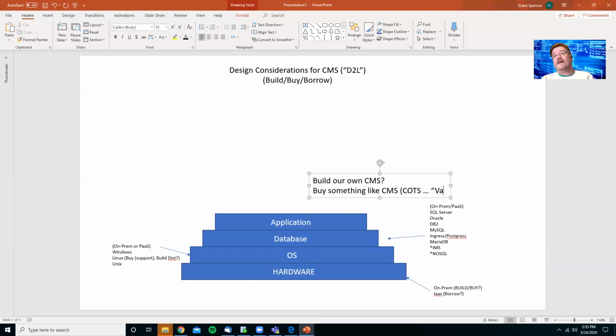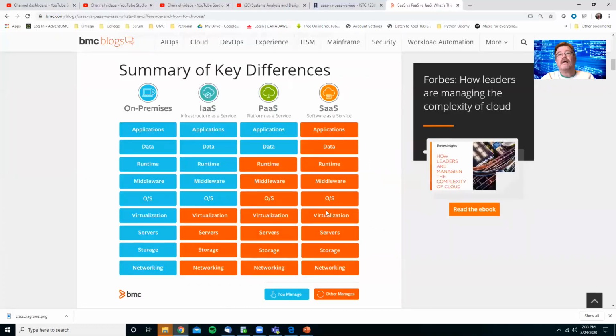Are we going to go vanilla, which basically means just take it as it is, or are we going to start manipulating it, or are we going to borrow? At which point now we're dealing with software as a service. So at this point, what we're looking at here is that somebody else has got basically the exact kind of system that would do everything we need, and we're now basically paying them to host it, and they basically just give us a URL or something like that, and we log on.